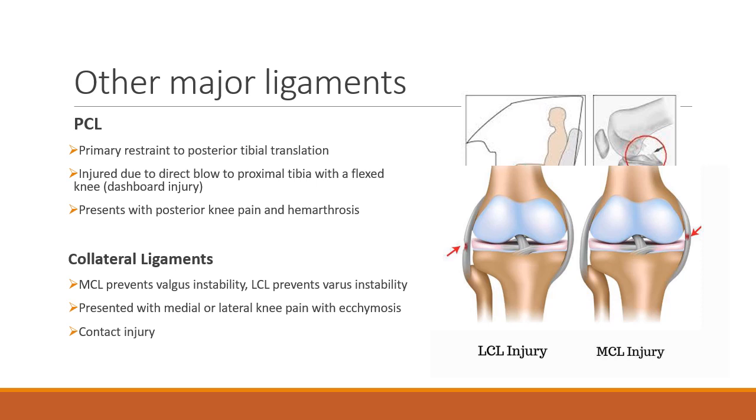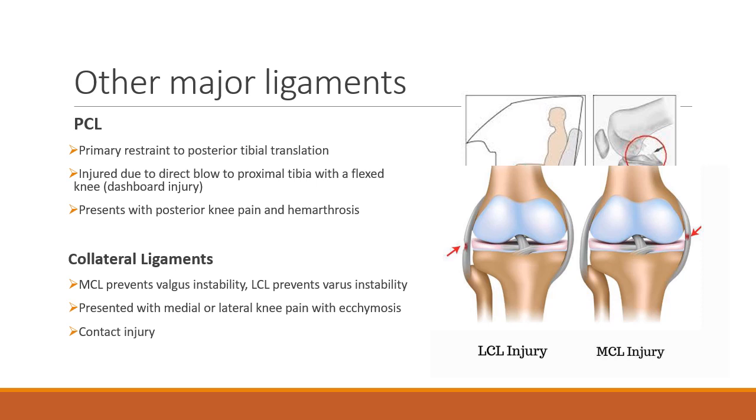Collateral ligaments. The medial collateral ligament is attached medially from the medial epicondyle to the medial surface of the tibia, and they prevent valgus instability, while the lateral collateral ligament attaches from the lateral epicondyle to the head of the fibula and prevents varus instability.